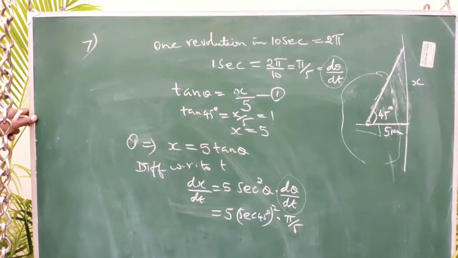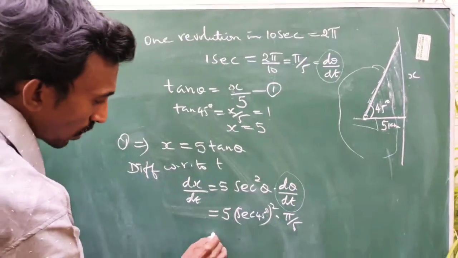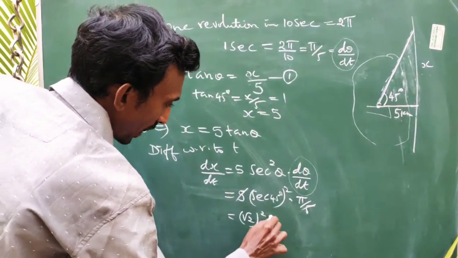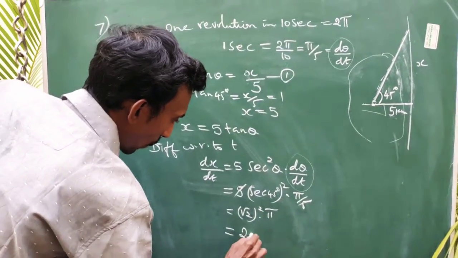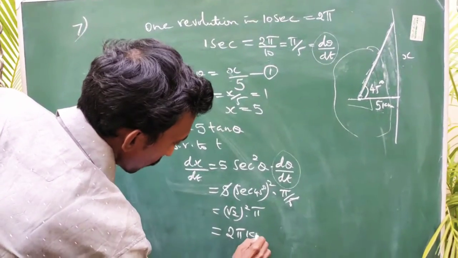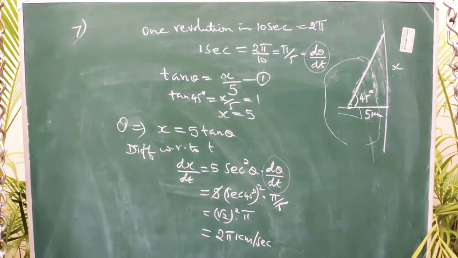Now put the values. Secant 45 is root 2, the whole square, the 5 cancels, so 2 pi. The unit is kilometer per second. That is the answer.